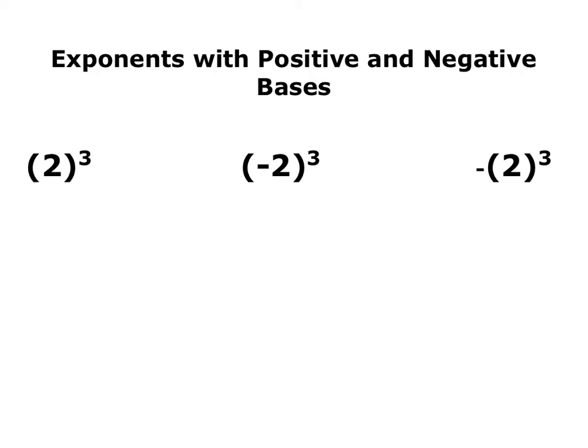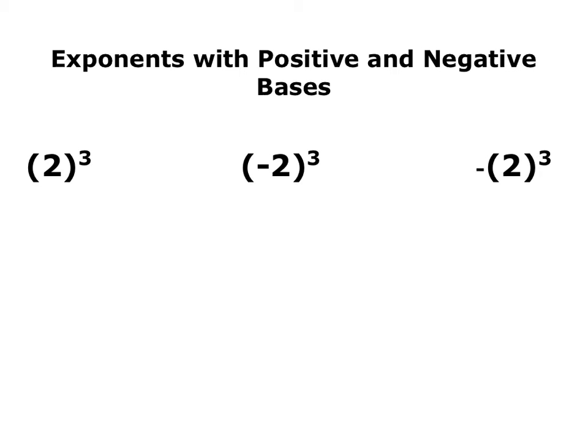All right, let's look at a few examples. And we're going to pay particular attention to our bases. We're going to look to see if our bases are positive or negative, because depending on the sign for the base and the number of times it is multiplied by itself, your result could be either a positive or a negative product.